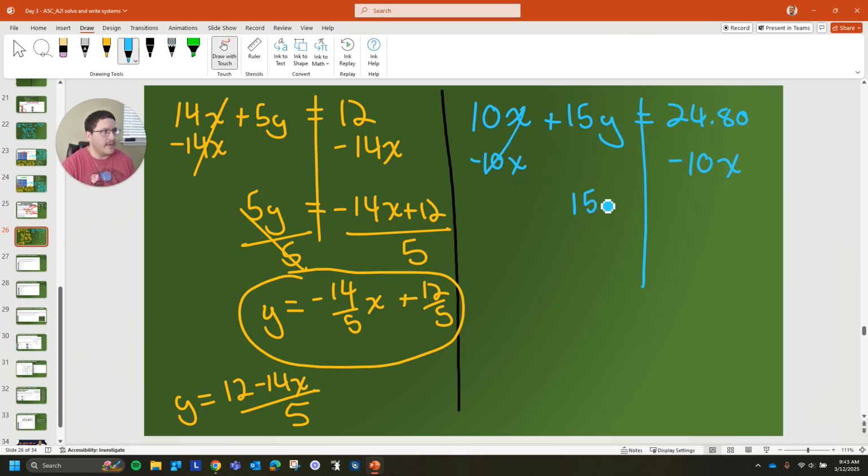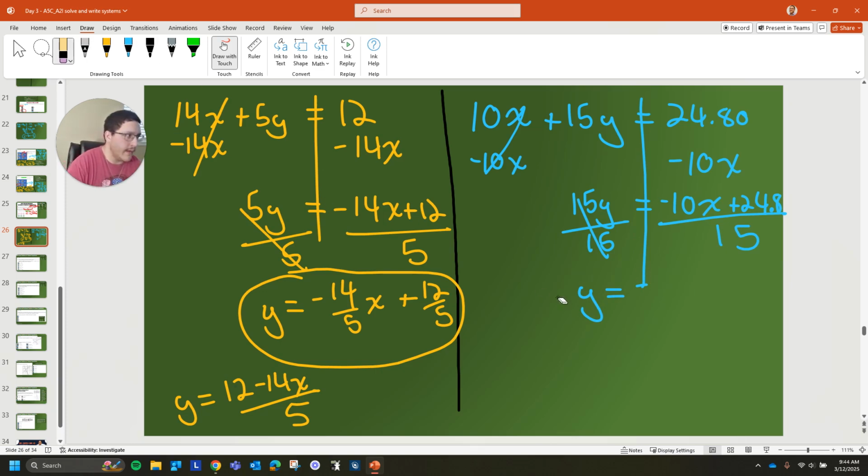We have 15y is equal to negative 10x plus 24.8. Divide everything by 15, and we have y equals negative, and if we were to divide this, it would actually be negative 2 over 3.